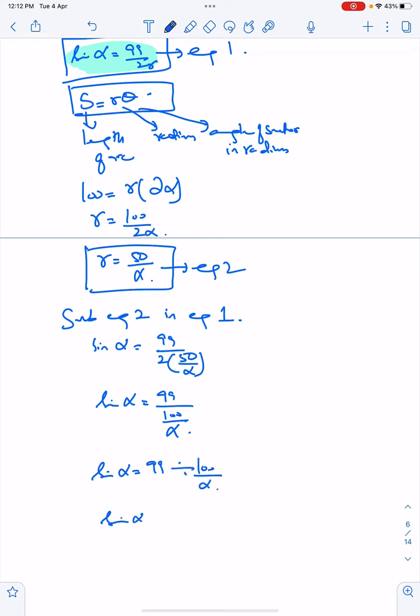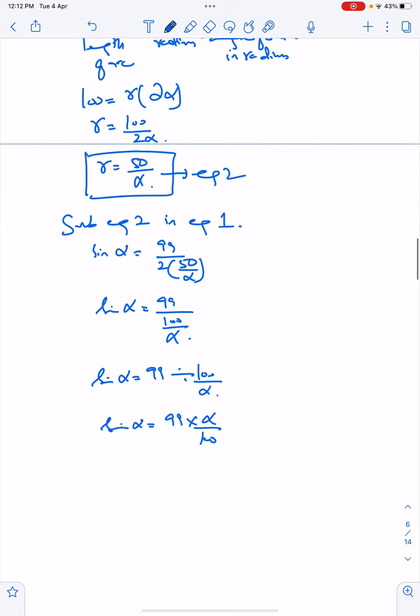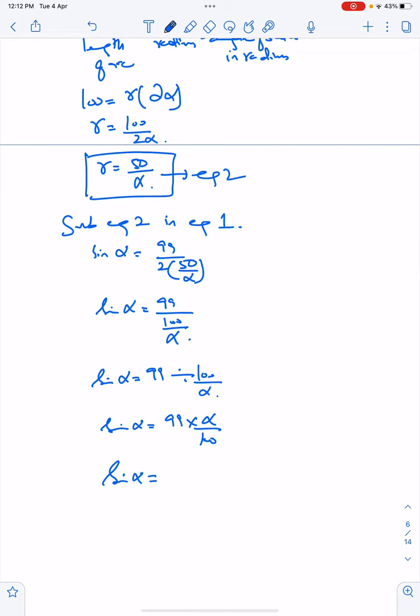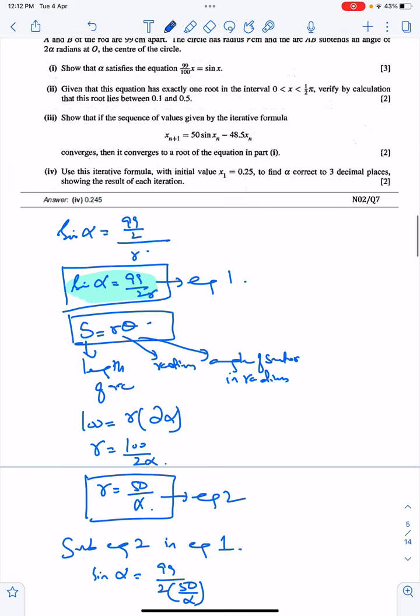So this will become sine of alpha equals 99 multiplied by alpha upon 100, which is 99 upon 100 alpha. Now changing it in terms of x gives me sine of x equals 99 upon 100 x. This is what we had to prove in the first part of the question, which we have proved.